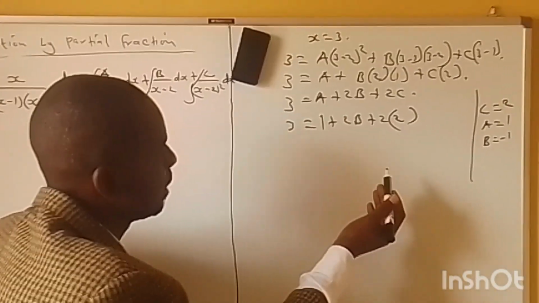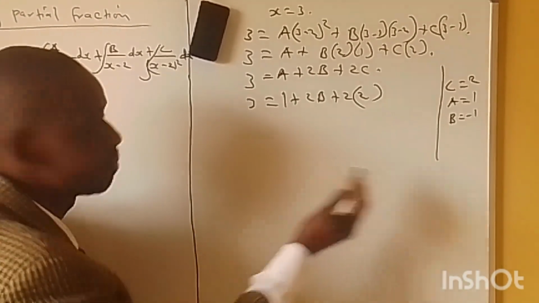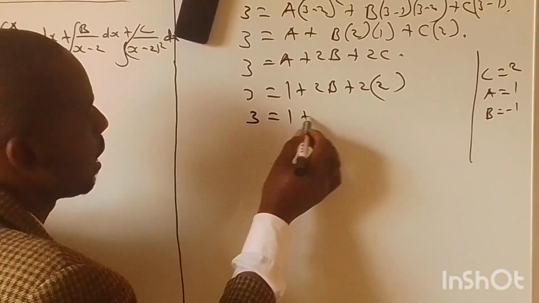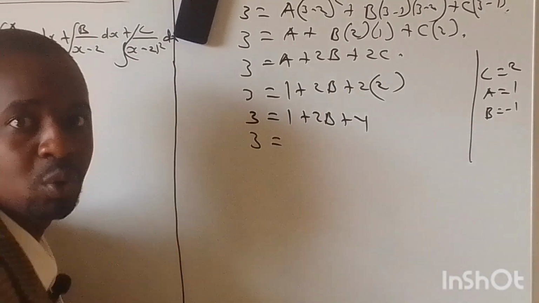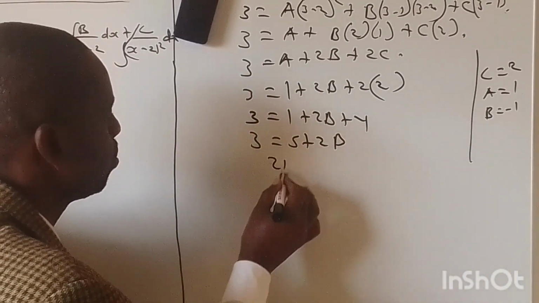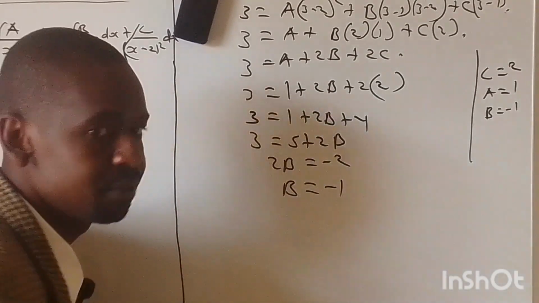Let's get the value of b here. When we collect the like terms, 1 plus 4, we get 5 plus 2b. So we have 2b is equal to negative 2. So b is equal to negative 1.